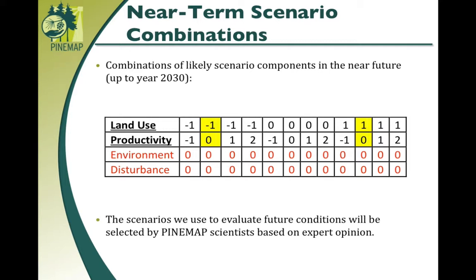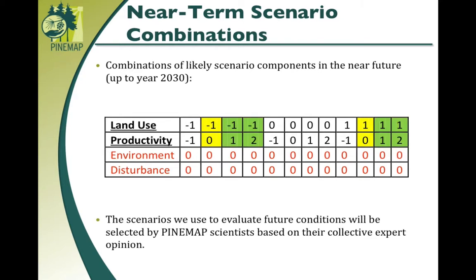Well, what happens if land use goes down? In other words, land is taken out of production for loblolly pine plantations. What if it goes up? Well, there are ways of restricting our assessments, in this case, considering productivity is 0 or no change. Well, but then you might say, well, we probably need to look at a little bit more. So that brings us to a couple more scenarios that might be used.